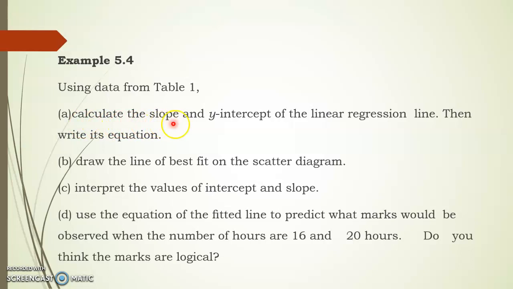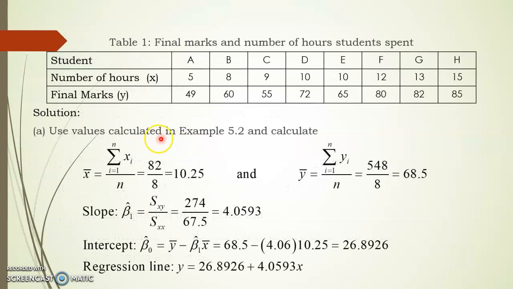First, let's calculate the slope and y-intercept of the linear regression line, then write its equation. In our previous video, we had already calculated Sxy and Sxx, so you can just substitute them back into this formula to get the slope. The slope for the linear regression line here is positive 4.0593.